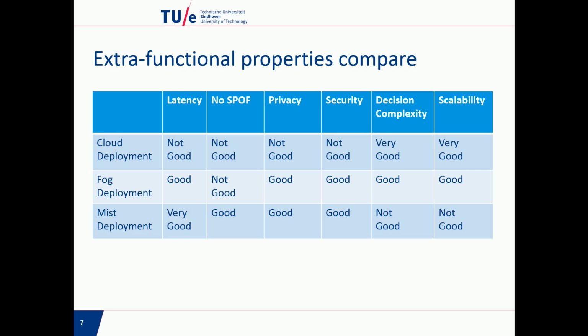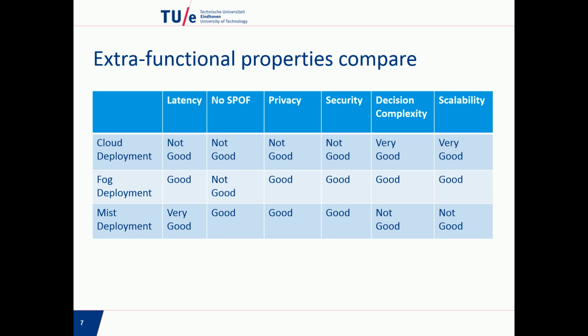Because of the high processing capacity and the high capacity storage, the cloud approach has a very good decision complexity, while the fog devices store less data and have less processing capacity, resulting in median decision complexity.